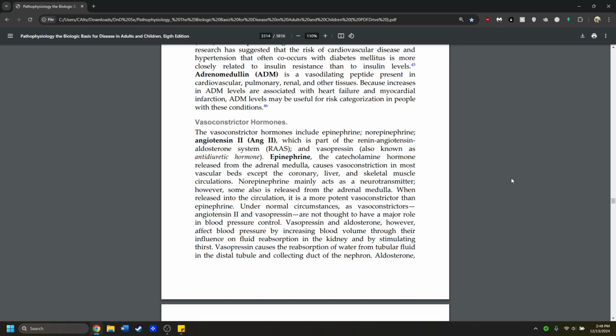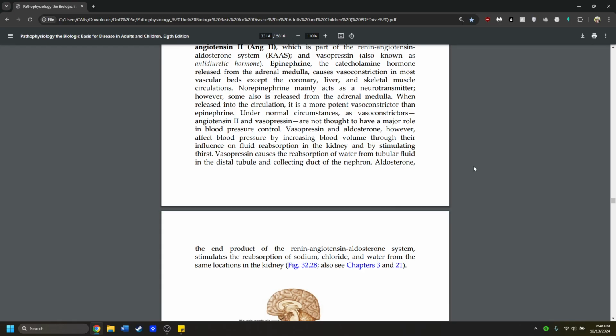Vasopressin causes the reabsorption of water from tubular fluid in the distal tubule and collecting duct of the nephron. Aldosterone, the end product of the renin-angiotensin-aldosterone system, stimulates the reabsorption of sodium, chloride, and water from the same locations in the kidneys.